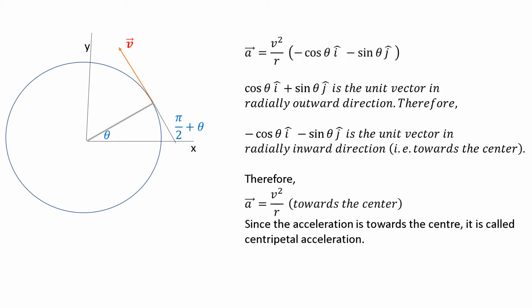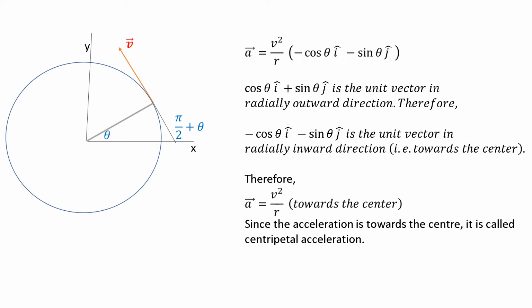Cos theta i plus sin theta j is the unit vector in radially outward direction. Therefore, minus cos theta i minus sin theta j is the unit vector in radially inward direction, that is towards the center. Therefore, acceleration equals v square by r towards the center.